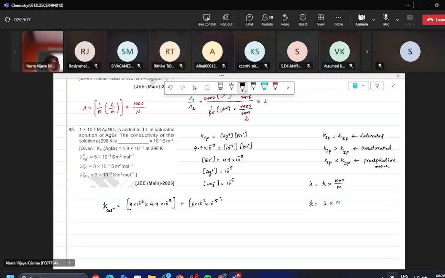Plus NO3 minus: 7 into 10 power minus 3 into 10 power minus 5, equal to 4.9 into 8.